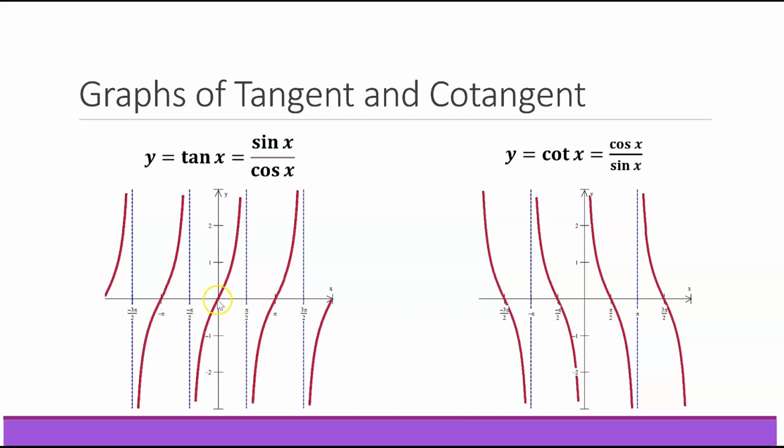Something else to go ahead and notice is that the tangent graph passes through the origin, and the values on all of our trig functions really come from what happens when you substitute different values into our trigonometric function. So, tangent of 0 is 0, so that's the coordinate point (0, 0). Another value that we often plug into the tangent graph is pi over 4, which is halfway between 0 and pi over 2.